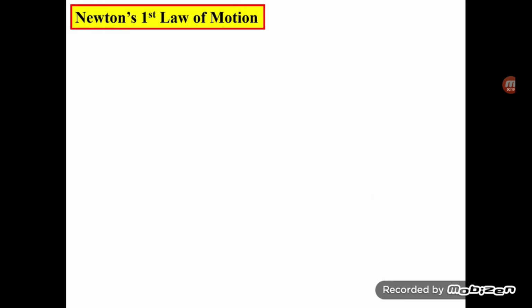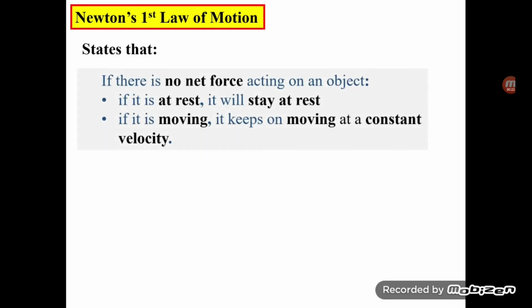Newton's first law of motion states that if there is no net force acting on an object, if it is at rest, it will stay at rest. If it is moving, it keeps on moving at a constant velocity. Formula: F net, or you can write summation of F equals 0.